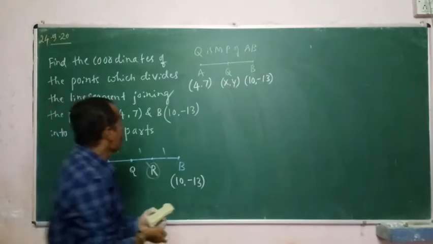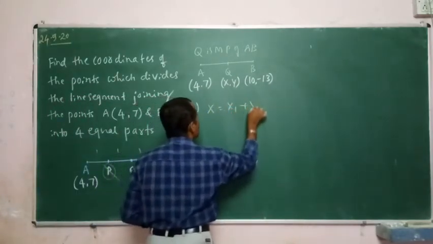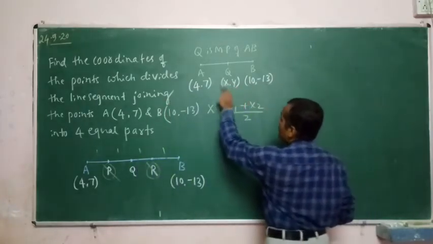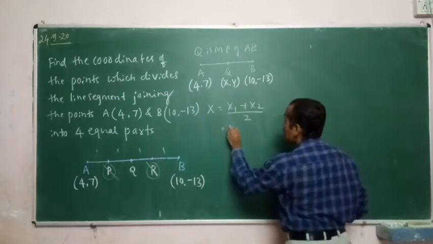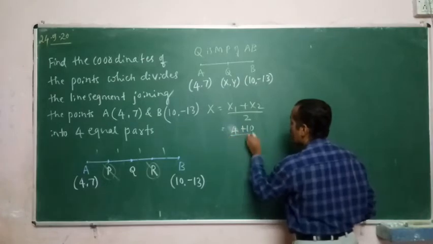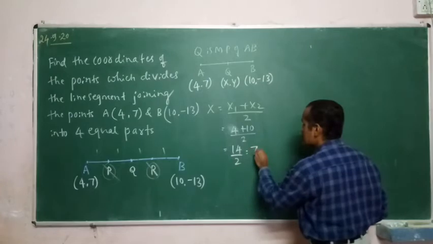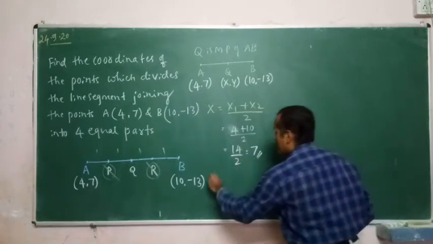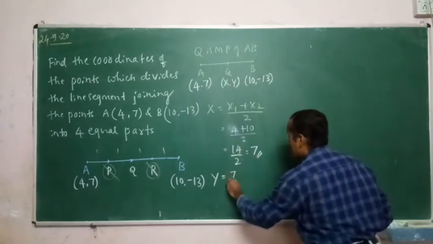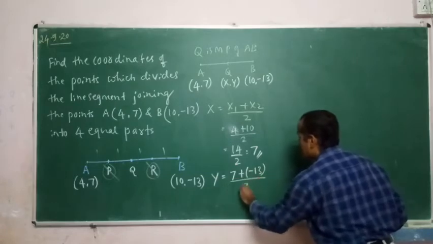Yes. Come on. I can apply the section formula. x is equal to (x1 + x2) divided by 2. It is (4 + 10) divided by 2, 14 divided by 2. Answer is 7. And y is equal to (7 + (-13)) divided by 2.